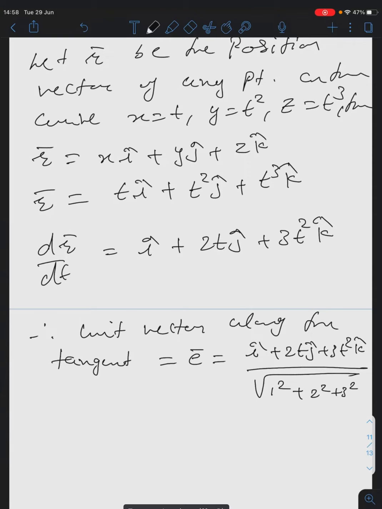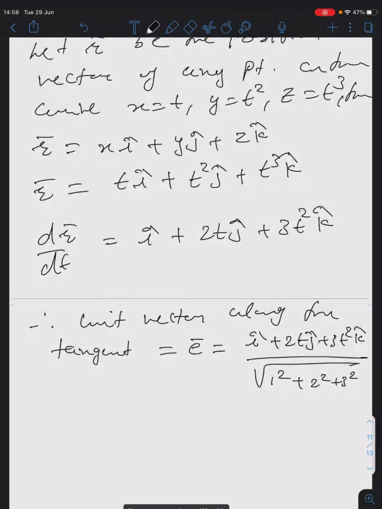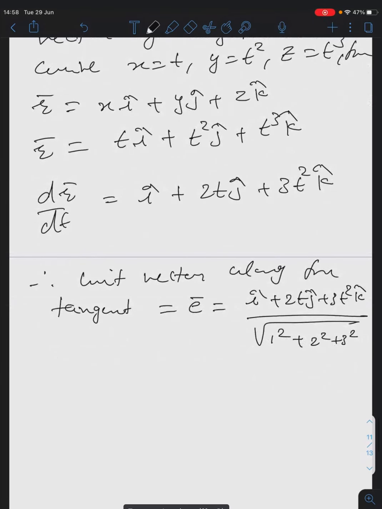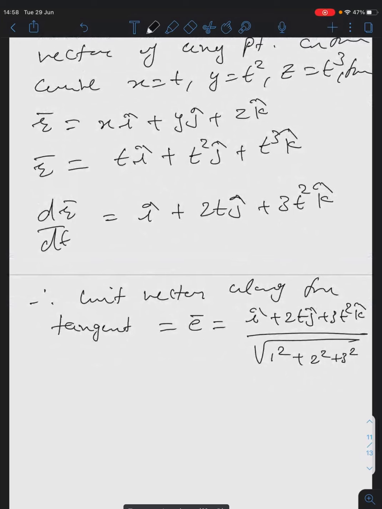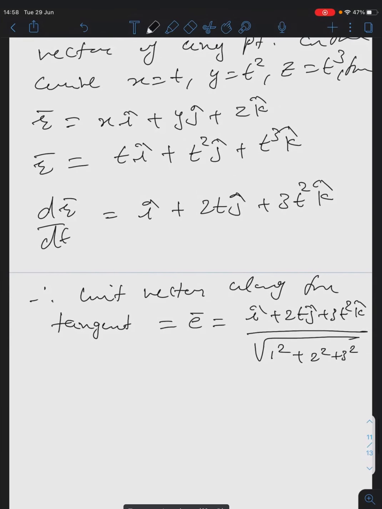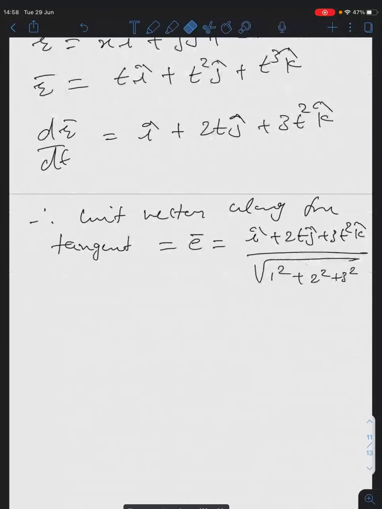At a point we need to calculate t also, so here you will have t at a point; we have not yet calculated that unit vector.